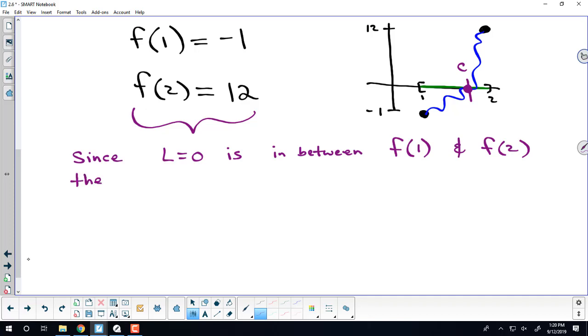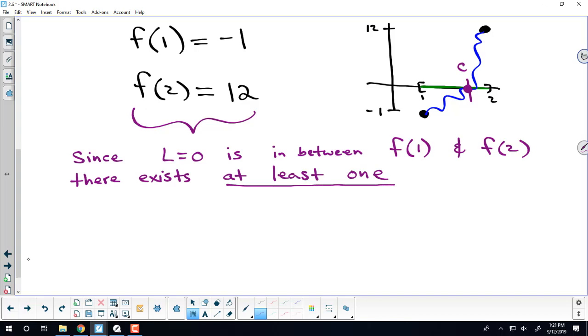there exists at least one, so that's always the conclusion. There is at least one.